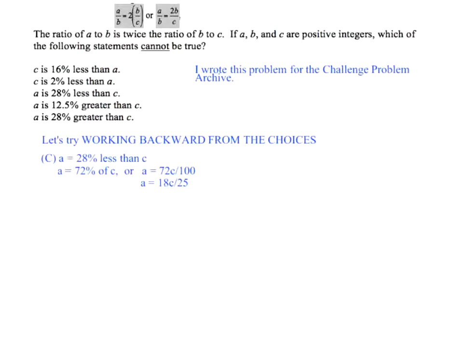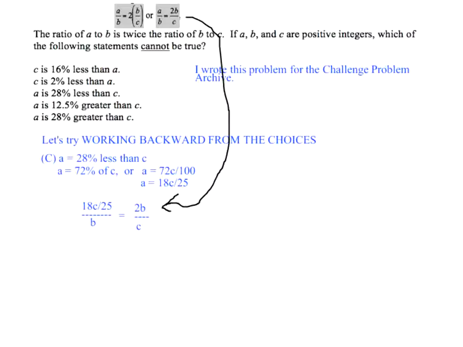So then let's substitute that into that expression up there, because that's literally the only thing we can do, and just see if this works. So if we have A over B, that's 18C over 25, divided by B is 2B over C. There are a number of ways you can handle this, but one thing you can do right now is take a 2 out of the top of both fractions.